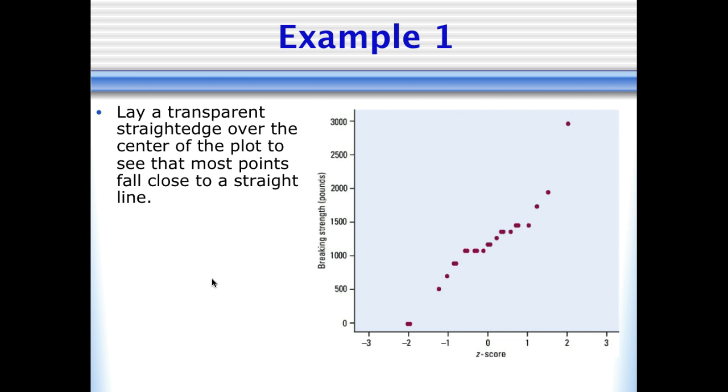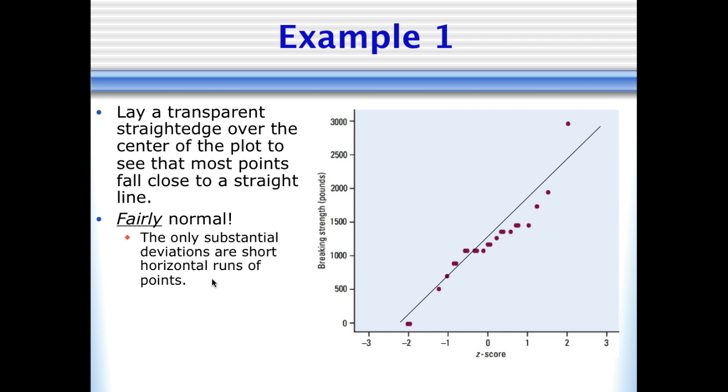For example, if we have this scatter plot, what I could do is lay a transparent straight edge over the center of the plot and assess how straight the data appears according to that line. Even though the data doesn't fall in a perfectly straight line, it does seem to have overall somewhat of a linear form.